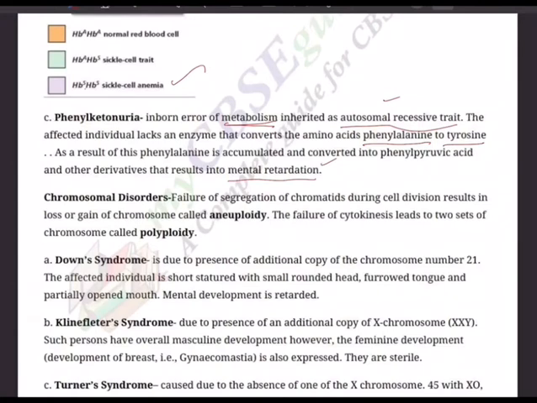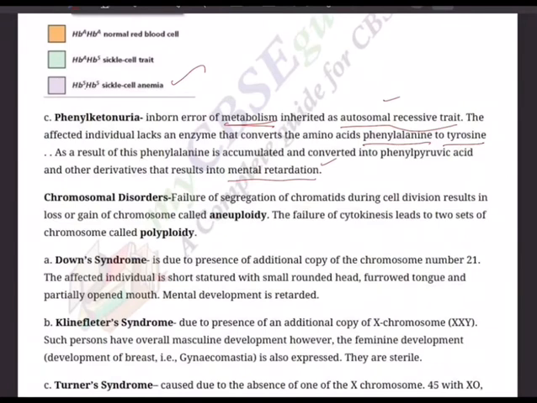The defect could be due to either mutation or deletion, which ultimately results in a reduced rate of synthesis of one of the globin chains, alpha or beta chains, that make up hemoglobin. This causes the formation of abnormal hemoglobin molecules, resulting in anemia, which is characteristic of the disease. Now we move ahead with the chromosomal disorders.